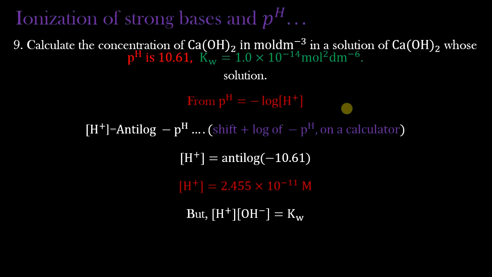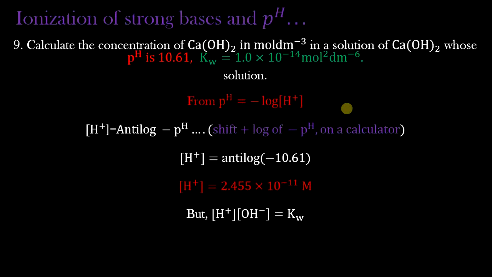3.39. And the pOH is given by negative logarithm to base 10 of molar concentration of hydroxyl ion. So if you divide both sides by -1, you get logarithm to base 10 of molar concentration of hydroxyl ion is given by negative pOH, which is negative 3.39. So for you to obtain the molar concentration of hydroxyl ion, it will now be the antilog, or shift plus log, of negative 3.39.